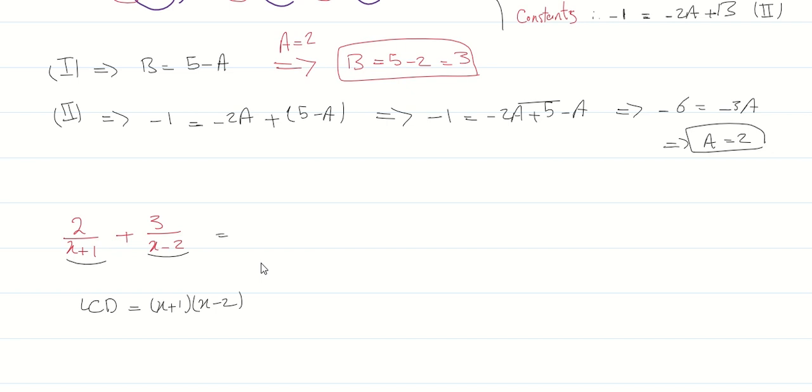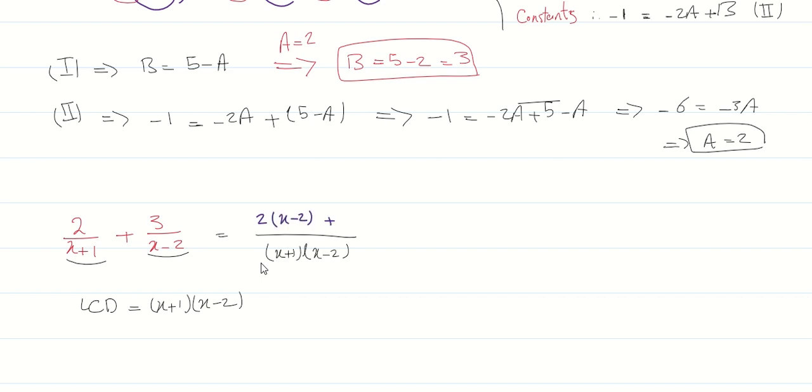So I'm just going to write the least common denominator in here. Now, in order for the first fraction to have the same least common denominator in here, it needs to be multiplied by x minus 2 because it already has the x plus 1 term in here. It just needs the x minus 2 term on the top. So it's going to be multiplied by x minus 2.